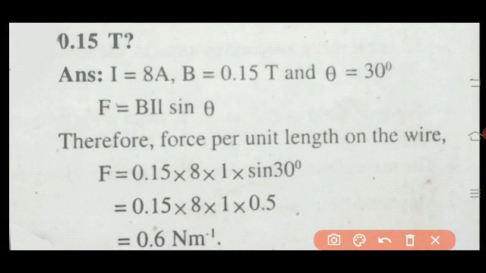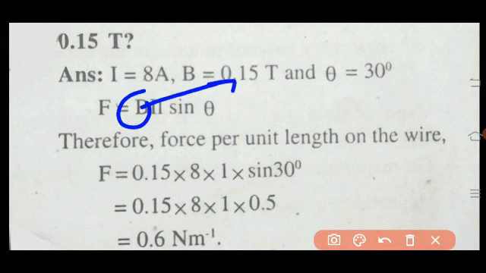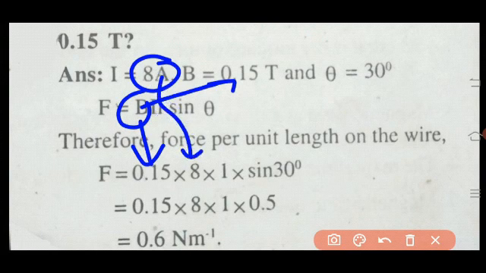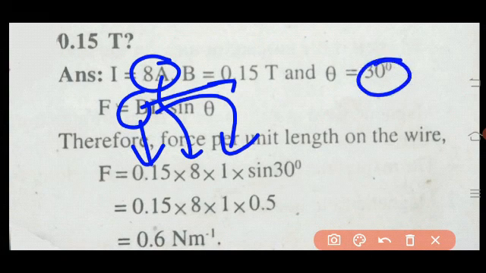What is the magnetic field B? B is 0.15 Tesla. Then what is the current? I equal to 8 amps. Then what is L? That is per unit length, unit means 1. Instead of L, you can substitute 1. Then what is the angle? 30. You can use the sine function, sine 30.